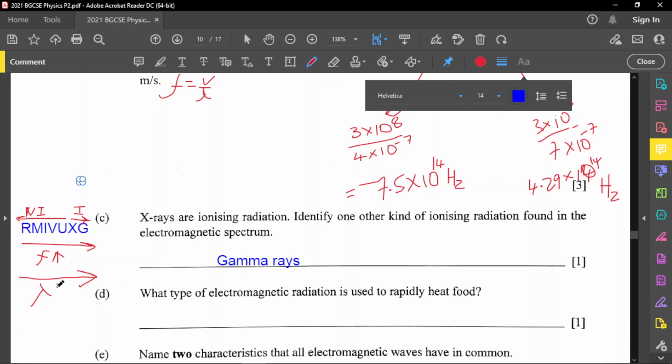So R is for radio, M is for microwaves, then infrared, then visible light, then ultraviolet, then X-ray and gamma ray. Again, radio, my information verbally, unless X news is gibberish. It said, what type of electromagnetic radiation is used to rapidly heat food?